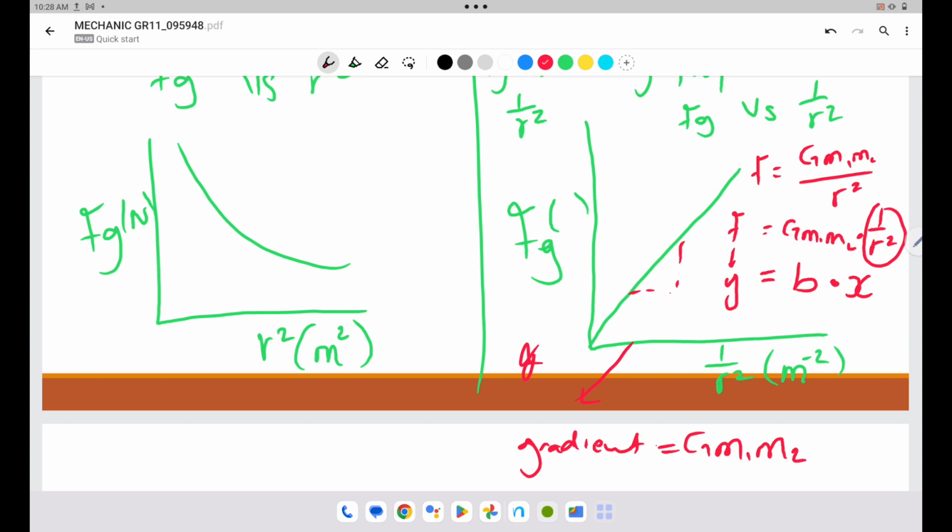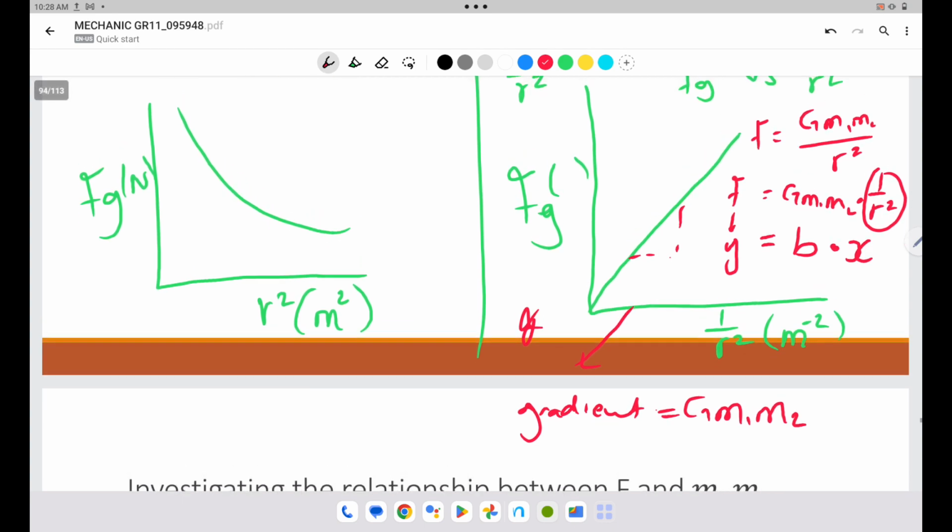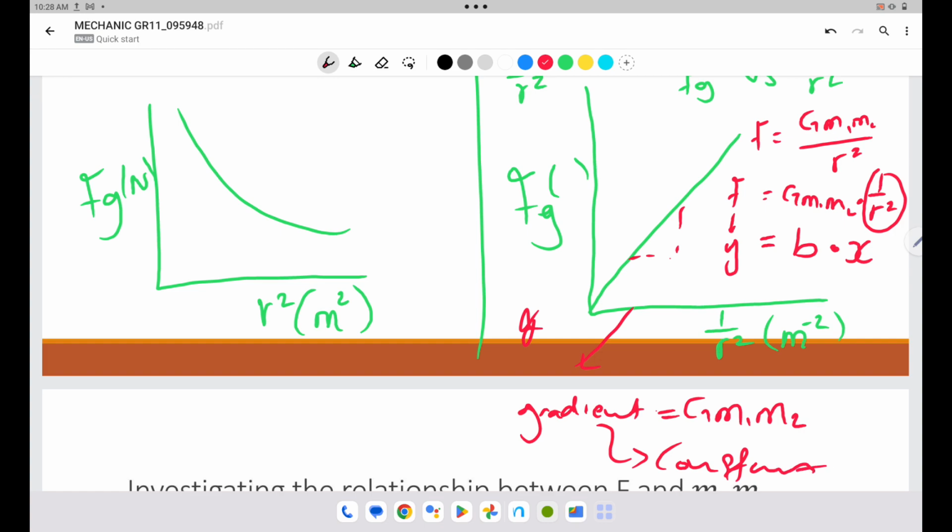And I need you to understand that the gradient of a straight line graph is a constant. So being a constant, it means that G must be a constant. Is G a constant? The answer is yes. This product must also be a constant.